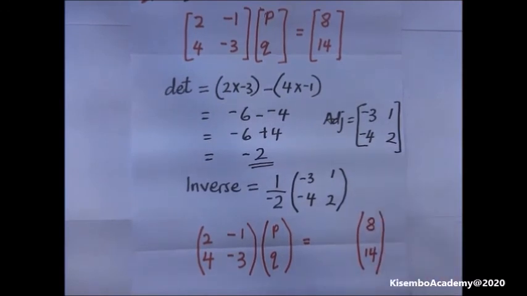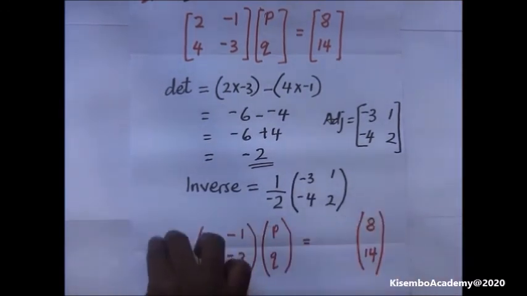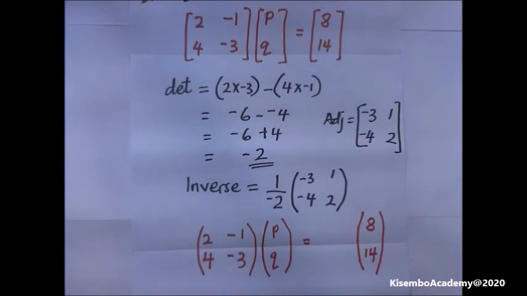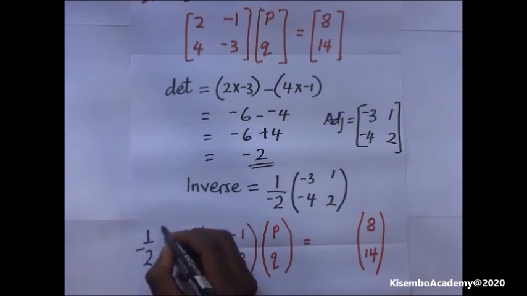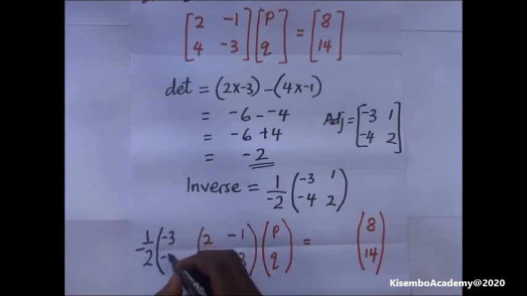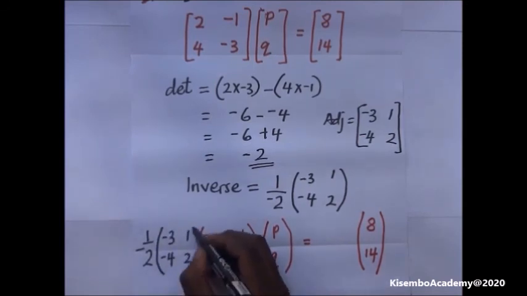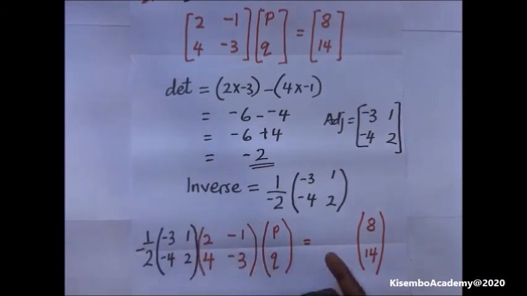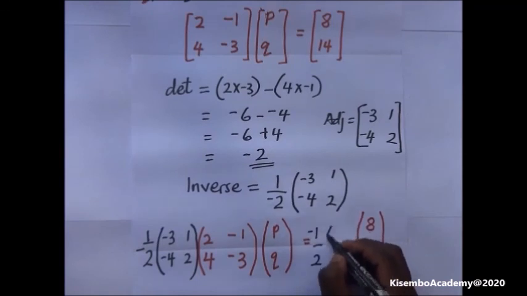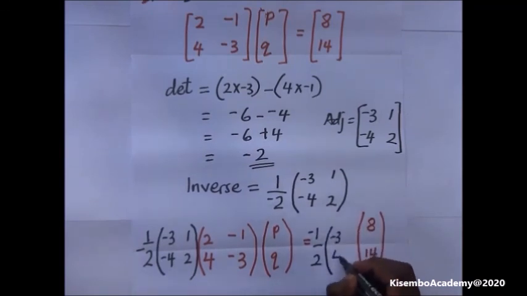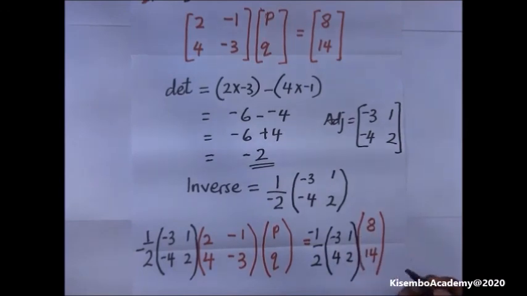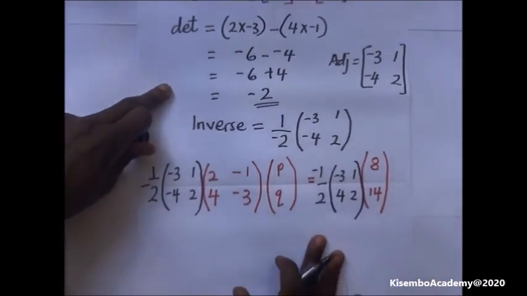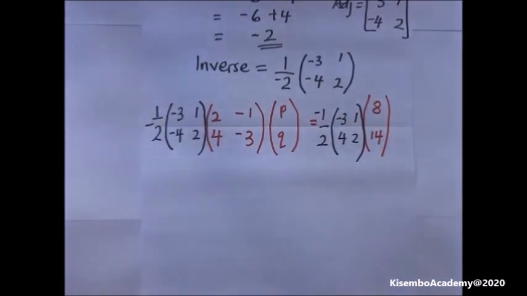So we multiply this inverse on both sides. Multiplying that is going to give us -1/2 into -3, -4, 1, 2 times that. And then the rest is matrix multiplication, and we get our answer.